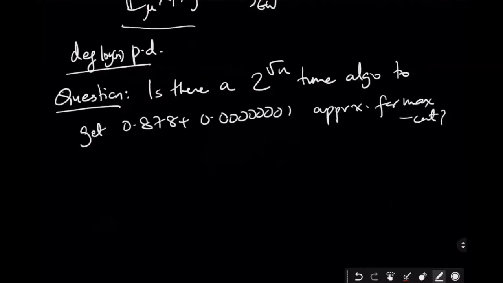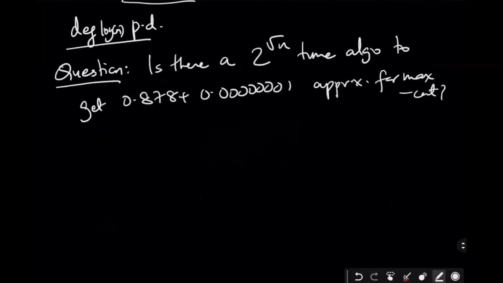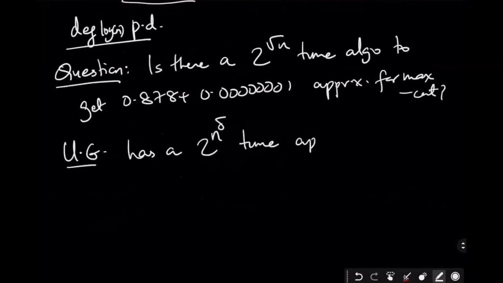We'll see in one lecture from now that the UG problem itself, the problem for which the UGC states hardness, has a 2 to the n to the delta time approximation algorithm. So we definitely know that, even in our wildest fantasies, it cannot be 2 to the n hard. It cannot be exponentially hard.